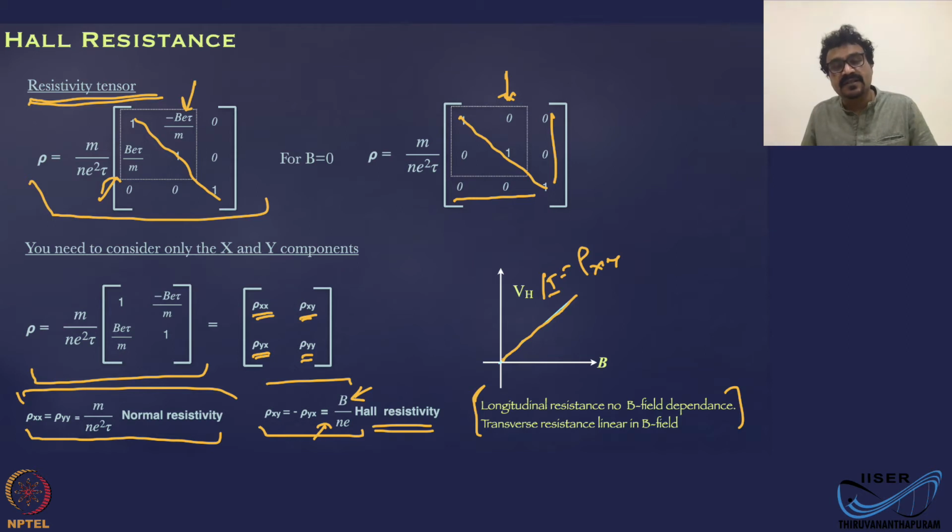Longitudinal resistance is the resistance along the direction of the applied electric field, and transverse is the one perpendicular to it, that is the xy term. If we assume the electric field is applied in the x direction, the xy term is proportional to the B field. And this is the classical Hall effect. All right.